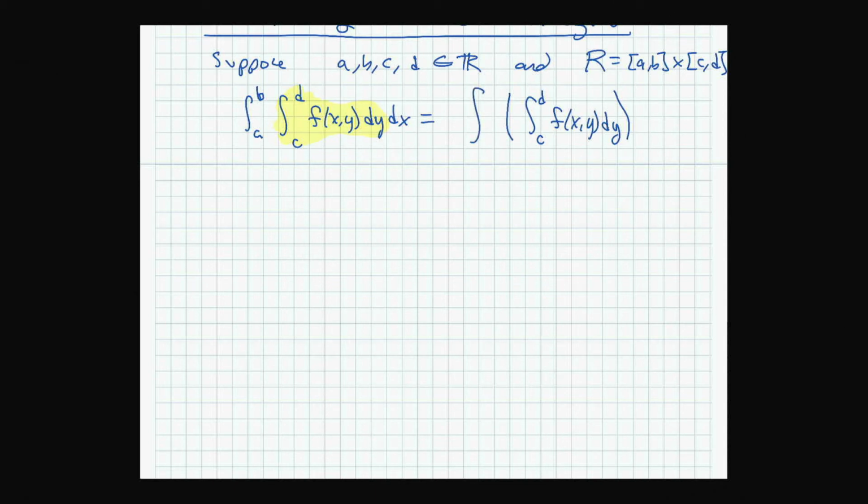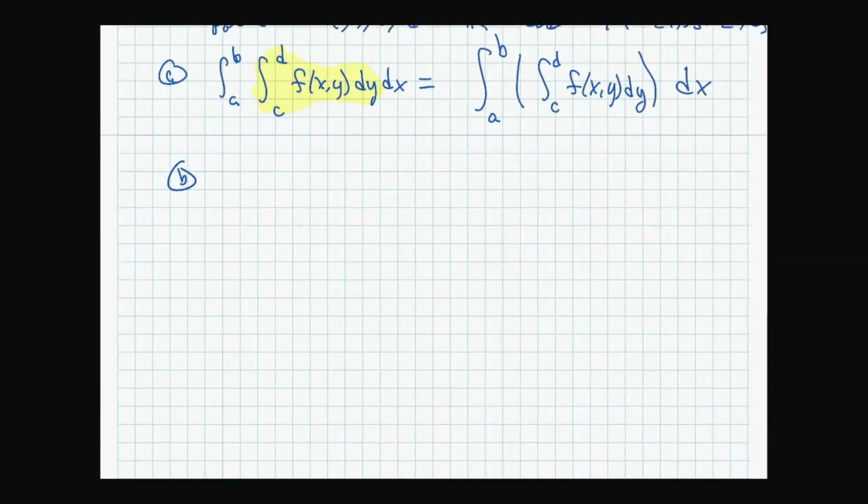Then you do the integral from a to b of whatever that result is, dx. So that's one iterated integral. The other way to do the iterated integral would be if these were the other way around, so you have the a to b on the inside.